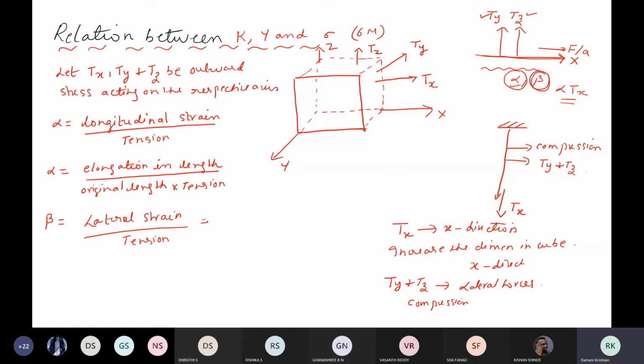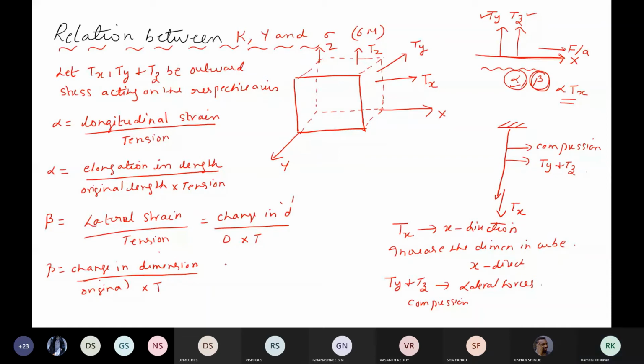Lateral strain is the change in dimension, in the previous case the change in diameter, to the original diameter, into tension. Here I'll write beta is equal to change in dimension to the original dimension into T.